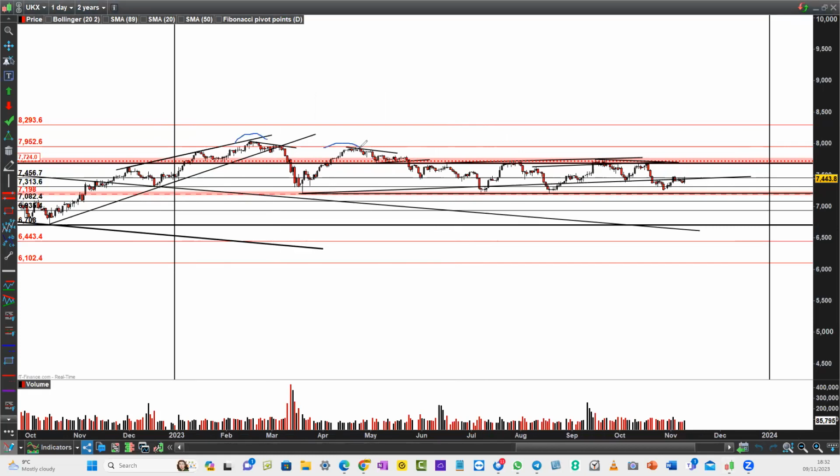Since that February move, we had a lower high in March, April, lower high in May, lower high in August, rejected the same heights here. But we keep hitting this floor. So if we could break through that floor, I think that's going to be quite a move.